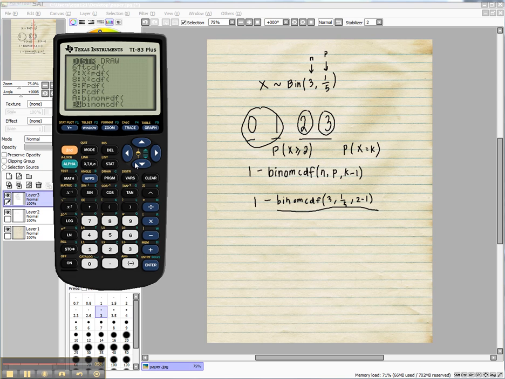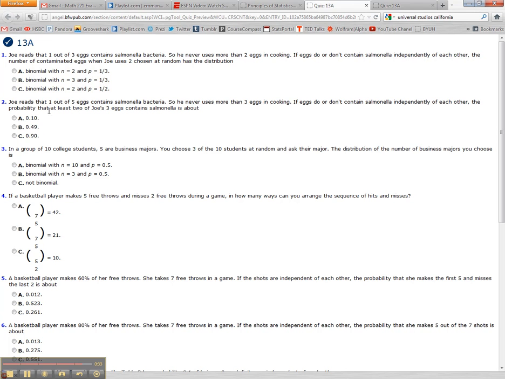You're not saying just exactly 1. That's PDF. You're saying 1 and 0. So again, that's why you use CDF for questions like these. So binomial CDF, 3, and then 1/5 is just 0.2, and then 2 minus 1 is just 1, close parentheses. Your answer is 0.104.